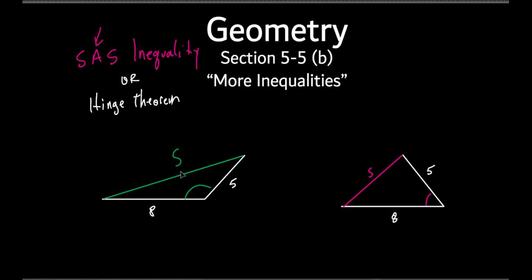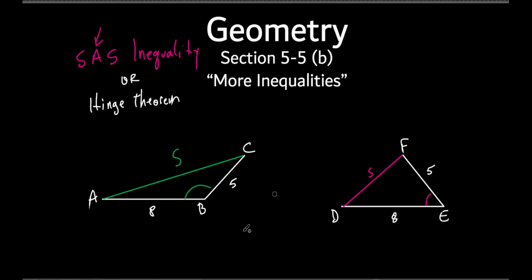So if I tell you that this is a bigger side than this one, then what does that tell you about this angle right here? This angle has got to be bigger than this angle right here. Let's put some letters in here without me just pointing and making them green and pink. Let's call this ABC. Let's call this DEF. Make it real easy for us.